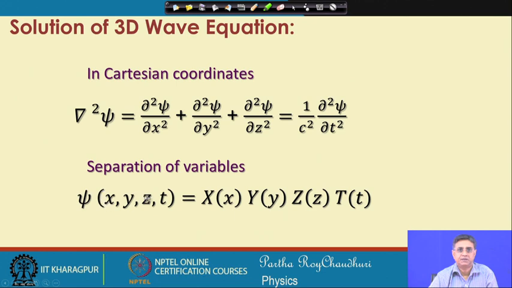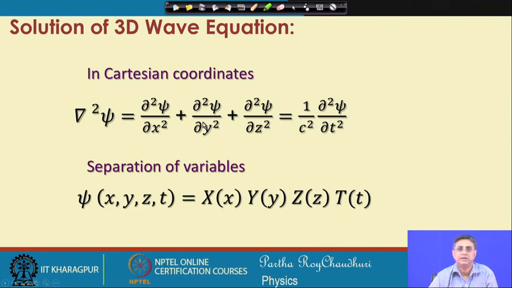Now, if I substitute psi by this X, Y, Z and T, then the first quantity will give you del square X by del x square multiplied by the other three quantities.